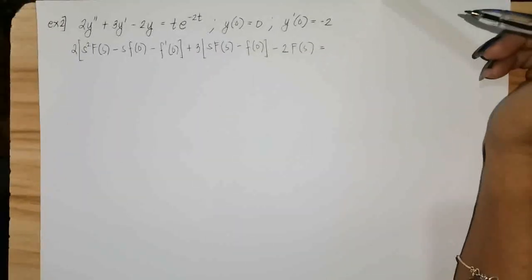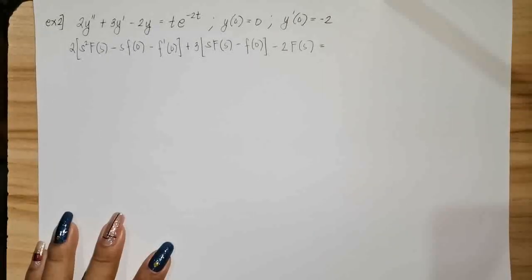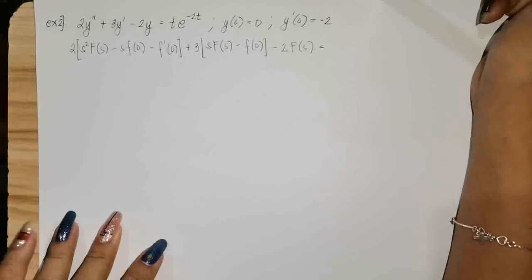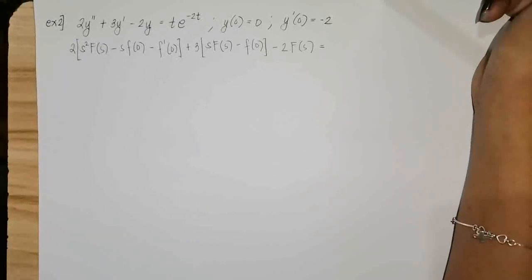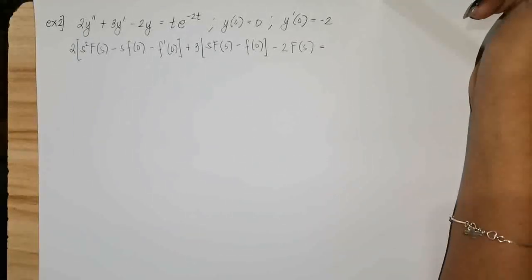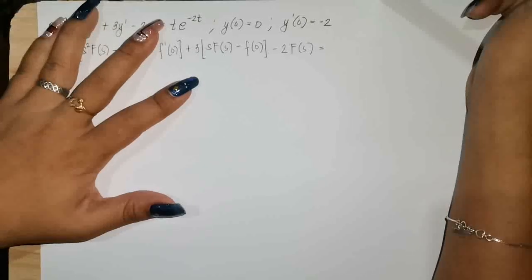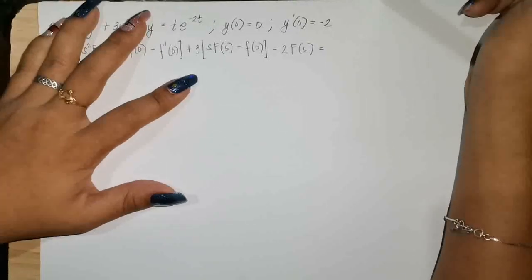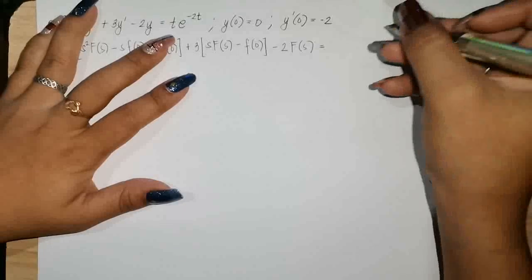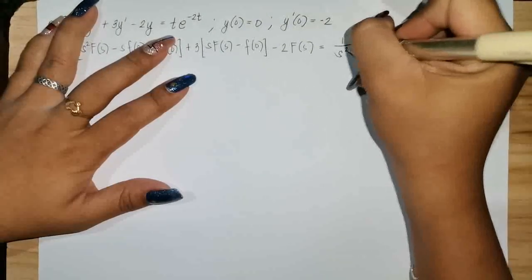Now, how to solve for the Laplace transform of t e raised to negative 2t. So, babalik tayo dun sa properties ng Laplace transform. It can be multiplied to t or multiplied to e raised to negative 2t. So, syempre dun tayo sa e raised to negative 2t. So, the Laplace transform of t is 1 over s squared.